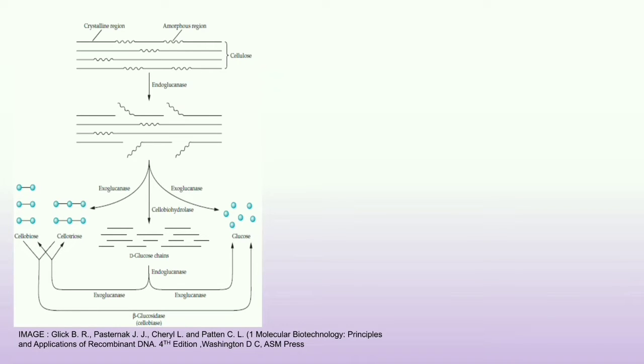These non-reducing ends are then further acted upon by exoglucanases, generating either cellobiose, cellotriose or long chains of glucose. By the enzyme glucosidase, all the three components can be converted into glucose.